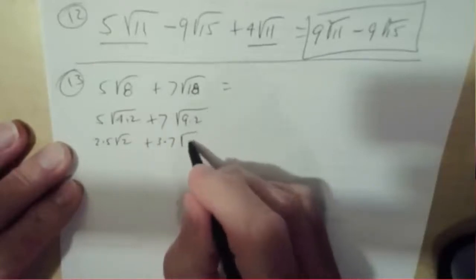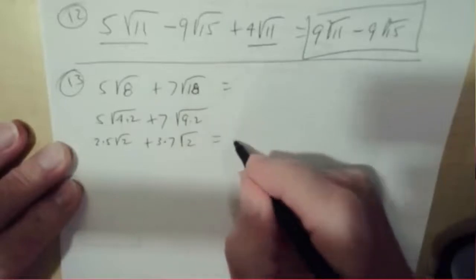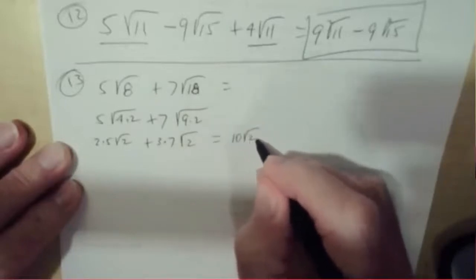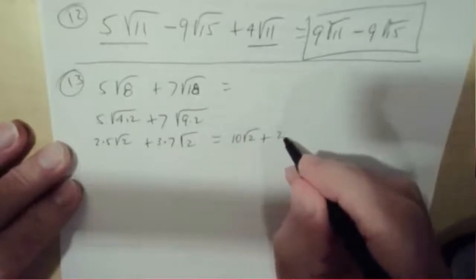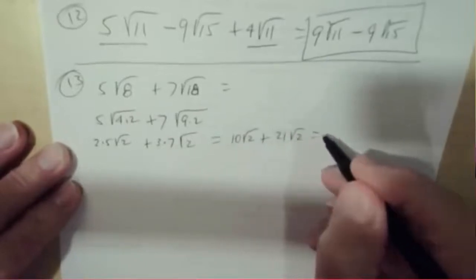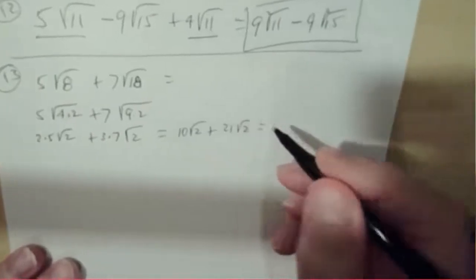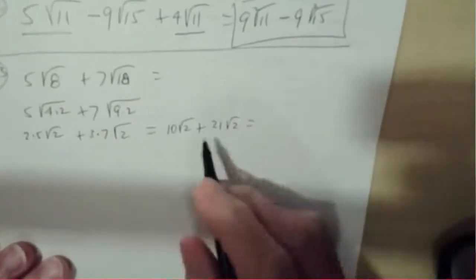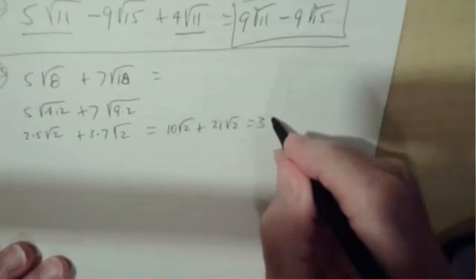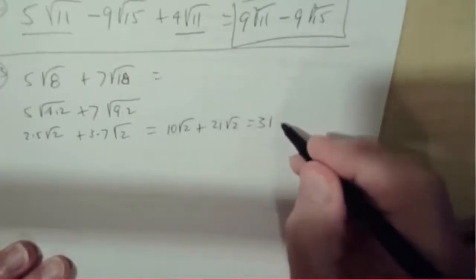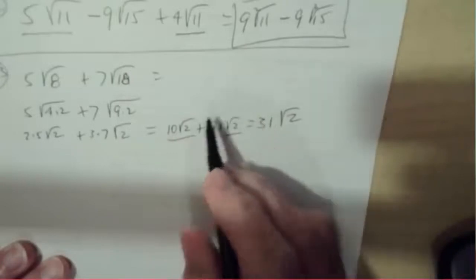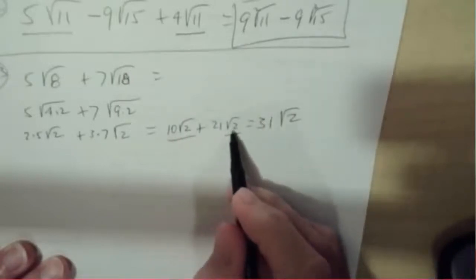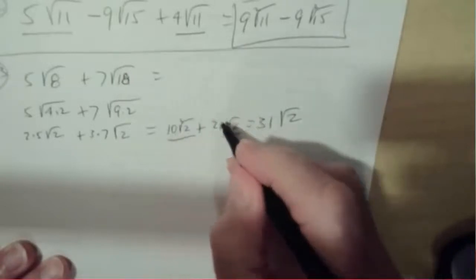So this equals 10 square root 2 plus, what is it, 21? So it equals 10 and 21 is 31 square root 2. These are like terms because the radicands are the same and the indices are the same.